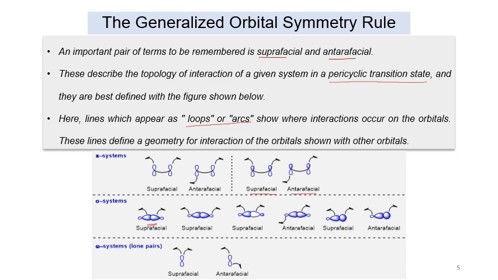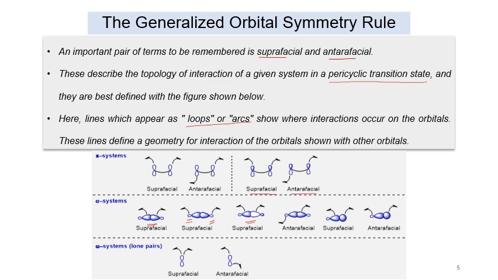If they are reacting from the opposite ends with the same phase, then it is also suprafacial. If it is suprafacial with the antibonding orbital, then also it is suprafacial. It will be antarafacial when opposite lobes react.